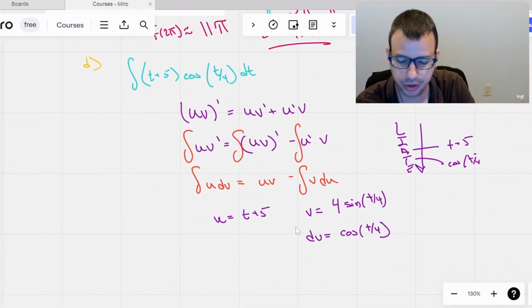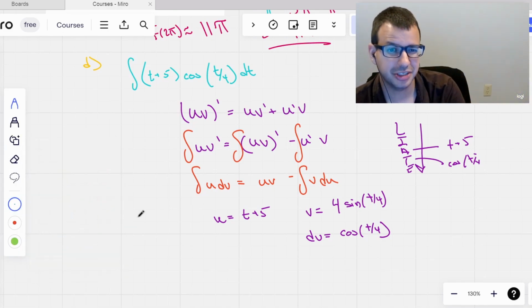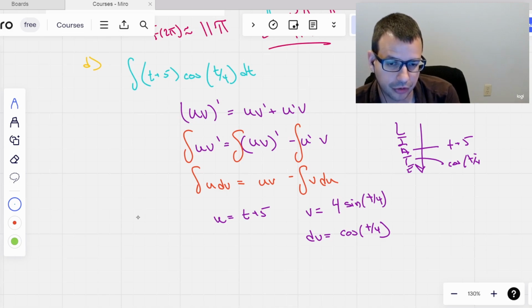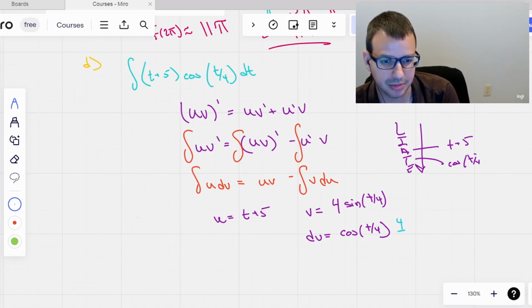I'm kind of haphazardly guessing and checking, which sometimes works great, sometimes it's a terrible disaster. When you take the derivative of sine, we get cosine t over 4, and we pull out the 1 over 4. 4 over 4 is 1, therefore, okay.